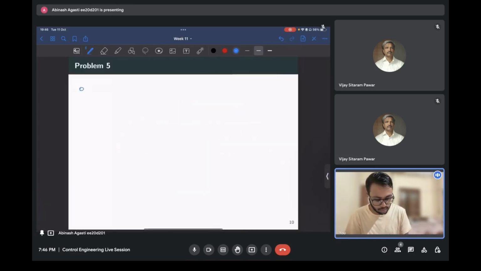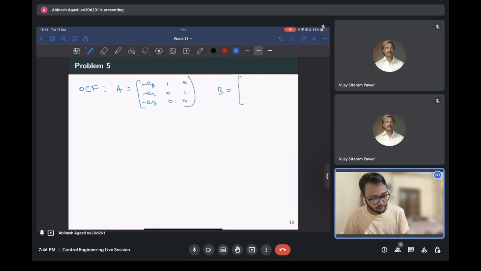And for the observable canonical form, again we have a very similar thing. Minus A2, A1, minus A2, A3, 1, 0, 0, 0, 1, 0. B is equal to B0, B1, B2.